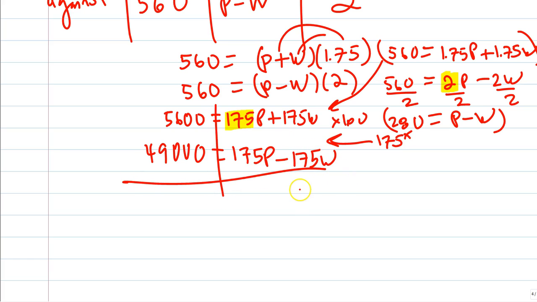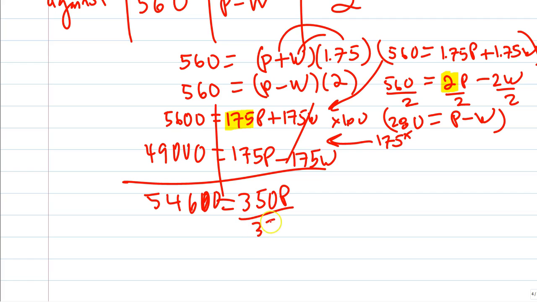Now these are set up. The W's cancel out. We get 350P is equal to, let me make sure those add to 54,600. Oh lordy lordy, I hope.